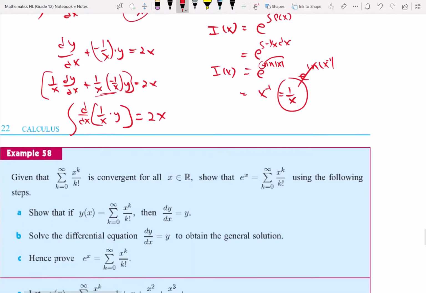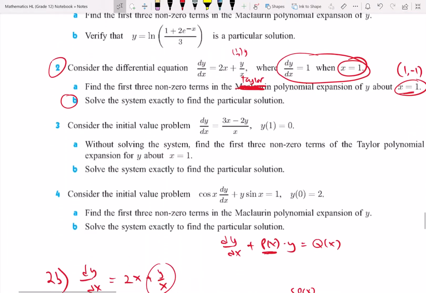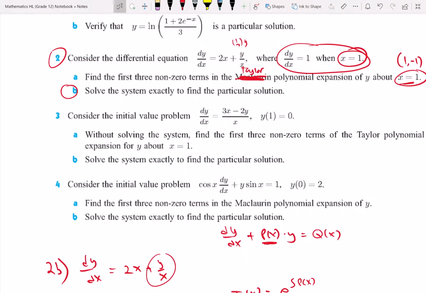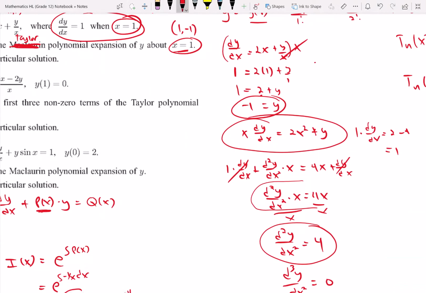We then integrate both sides, right? Integral cancels derivative. I'm left with 1 over x times y equals the integral of 2x dx, which is x squared plus c. If I multiply both sides by x now, then I get y equals x to the third plus cx. We were given an initial condition of the derivative is 1 when x is 1, and we solved that, and we found out before that when x is 1, y is negative 1.